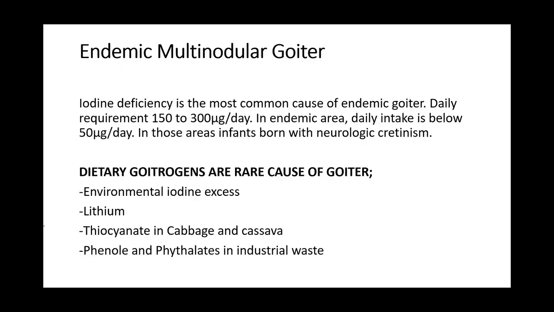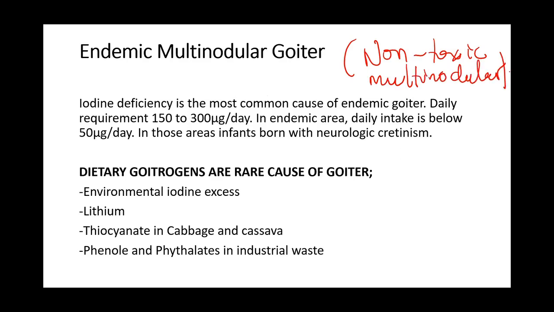Now, we'll talk about endemic multinodular goiter or the non-toxic multinodular goiter. Now, iodine deficiency is the most common cause of endemic goiter. Daily requirement is about 150 to 300 micrograms per day. In endemic areas, daily intake is below 50 micrograms per day.